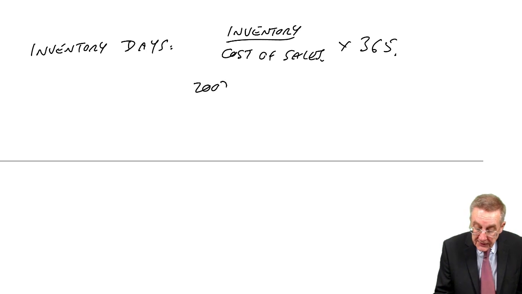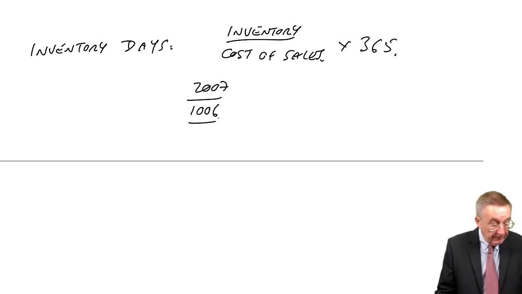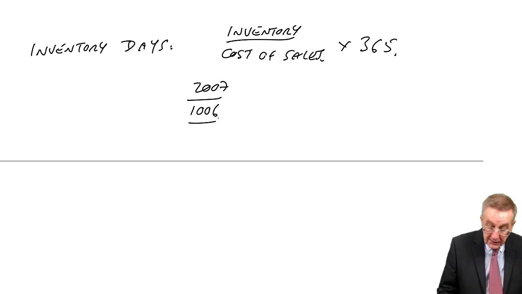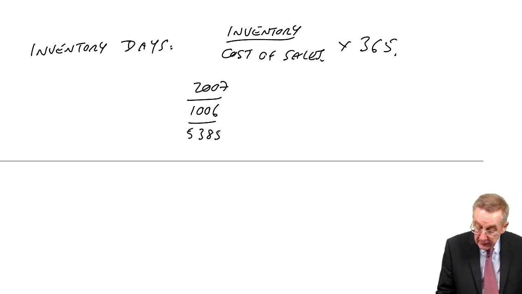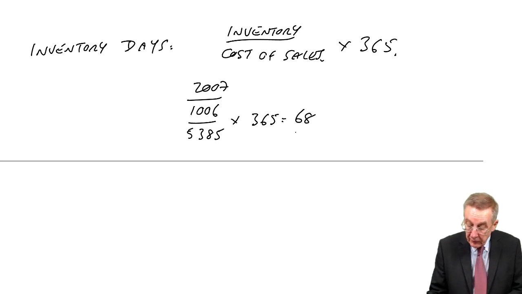So in 2007, our inventories were 1,006. Our cost of sales 5385. Which is 68 days.